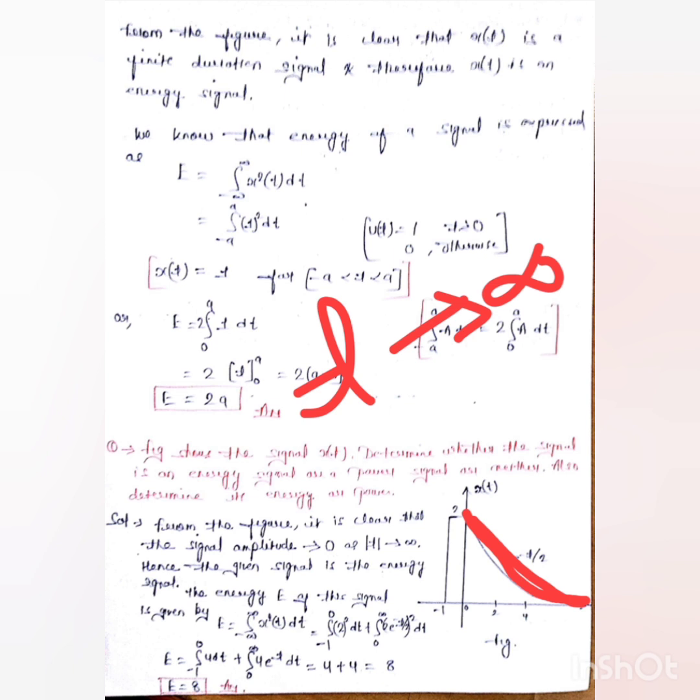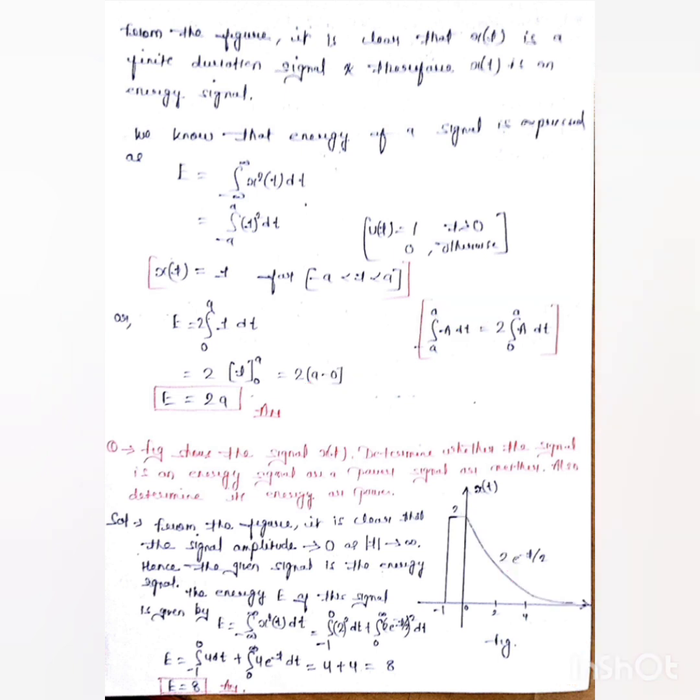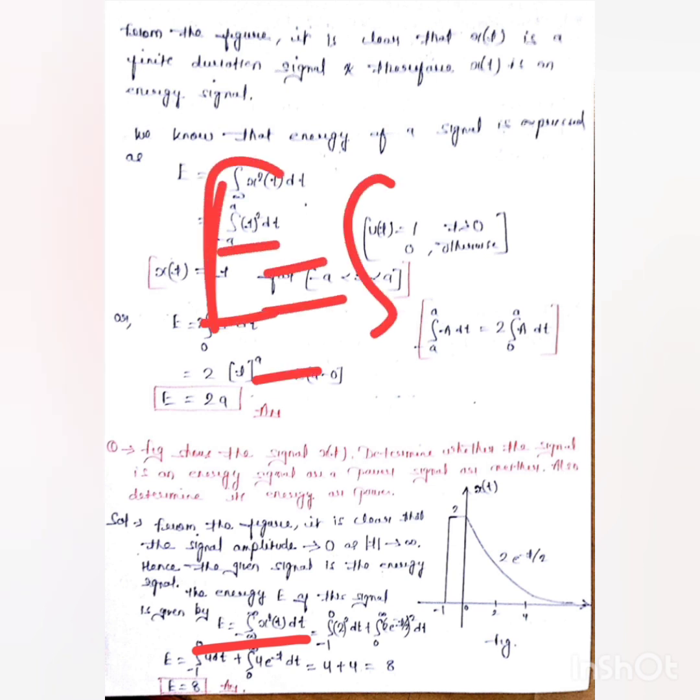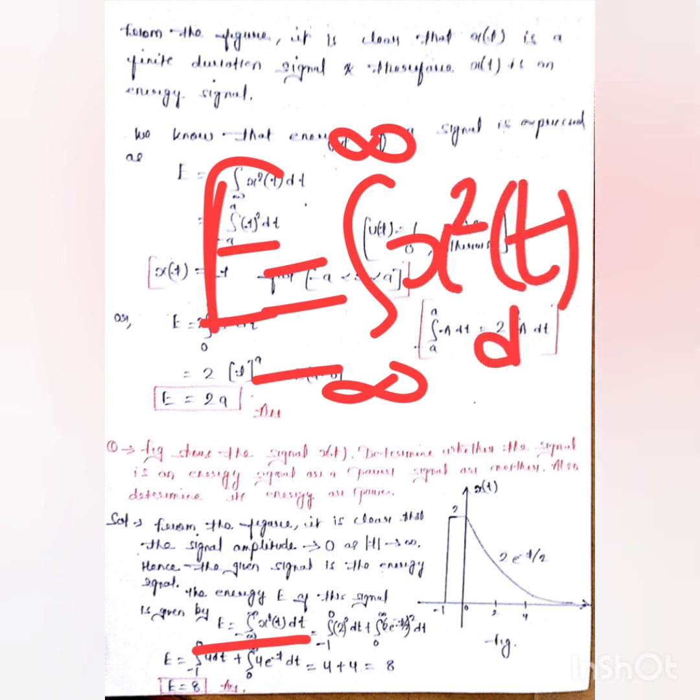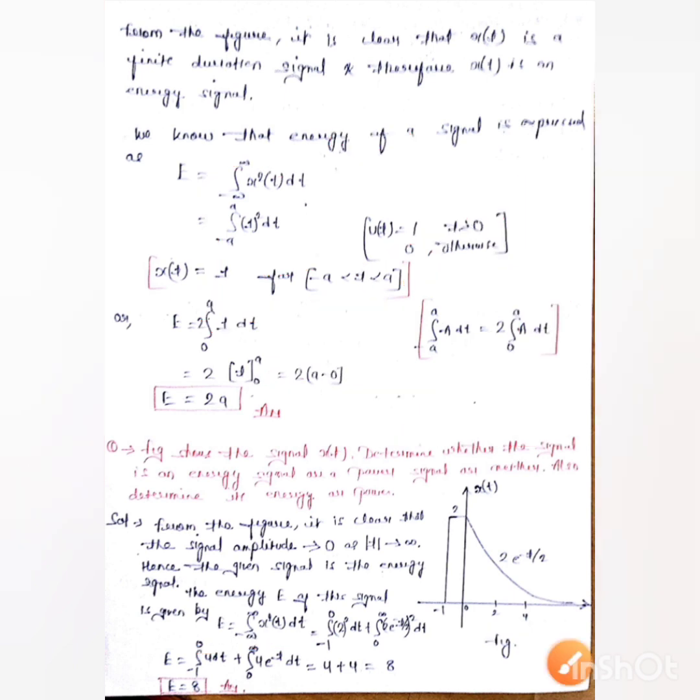Now we have to calculate the energy for it. We have the formula E is equal to the integral from minus infinity to plus infinity of x square of t dt. We simply put this particular figure in this formula and we get the expression. On the left side we have a simple u(t) function, and on the right side we have a simple exponential function.